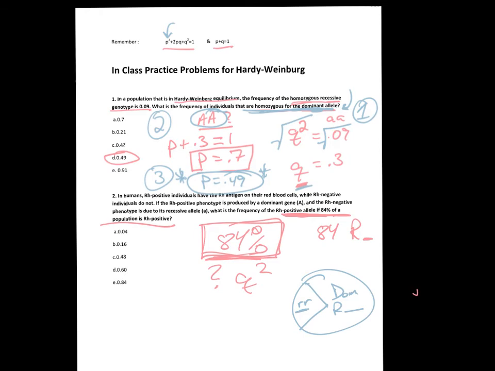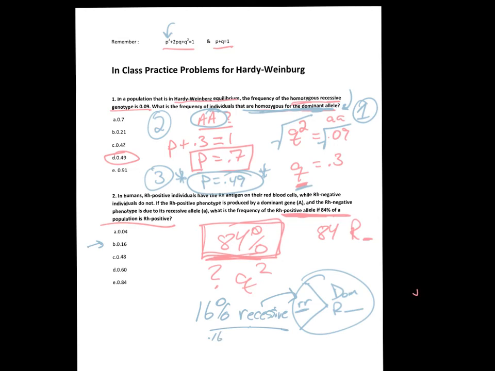If I have 84%, then what I have left is 16%. So if 84% of the population is dominant, that means 16% must be recessive. So q squared is 16%, and they are predicting that you're going to choose 0.16, because 16% as a decimal is 0.16.